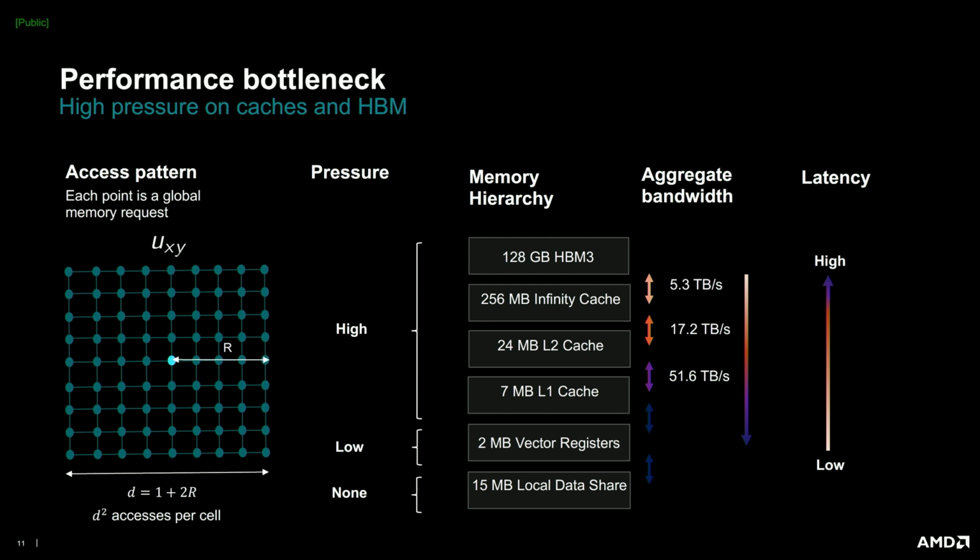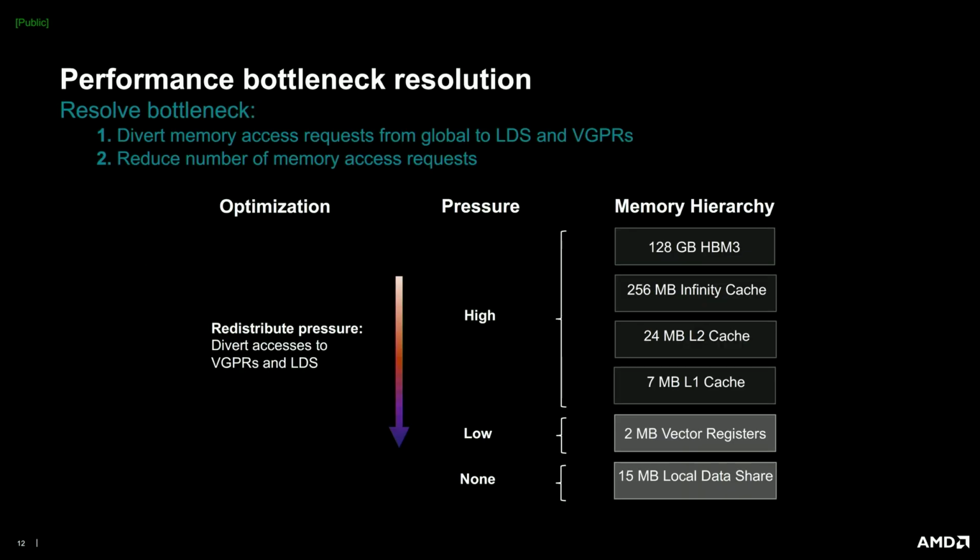On the other hand, latency goes up the further out you go. So the optimization strategy is to divert the pressure away from the higher levels of the memory hierarchy and push it down to the registers. Here we haven't even tapped into shared memory, which on AMD is called your local data share. So our optimization strategy is to tap into these resources first and foremost to bring out the performance.